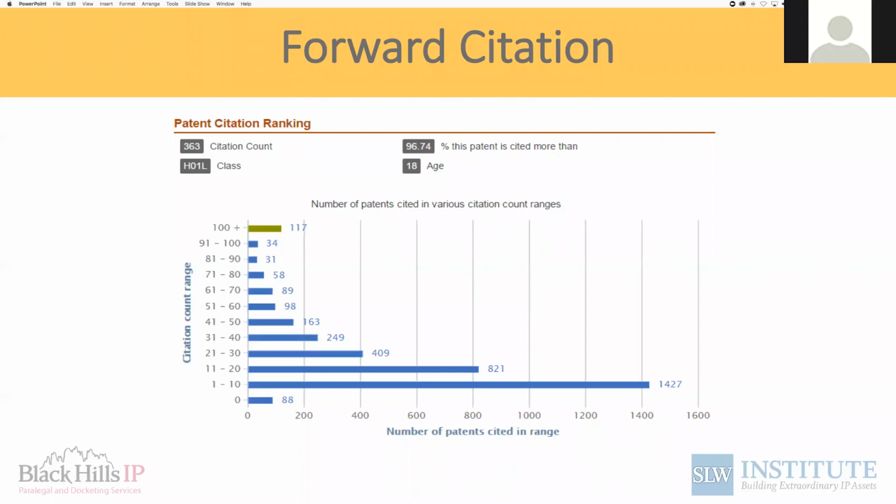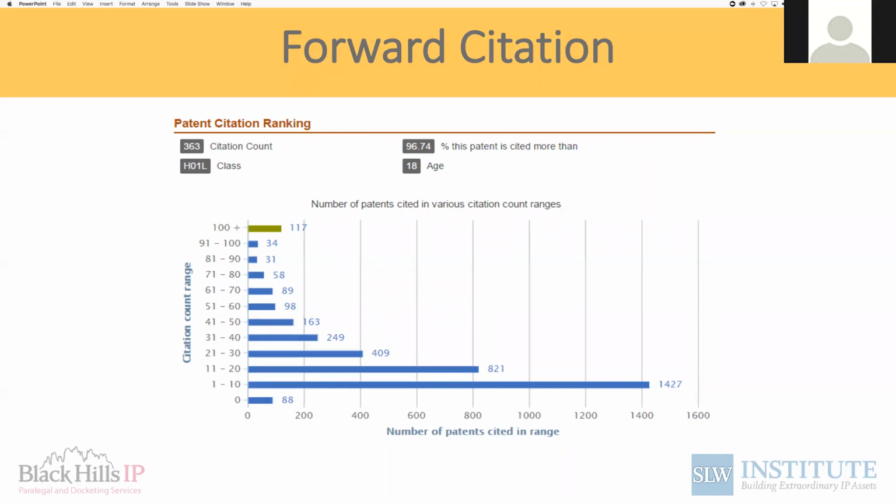In this case, what we're looking at is a bar graph showing, for a particular technology class and a particular age, essentially filing year, group of patents, the distribution of those that have a certain count of citations.